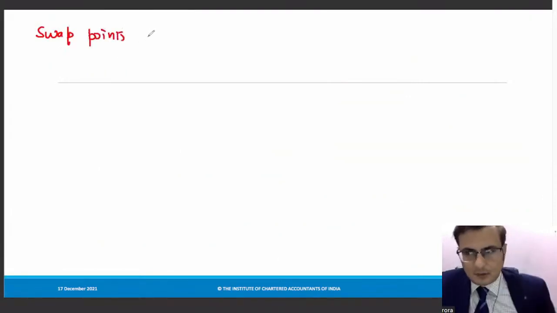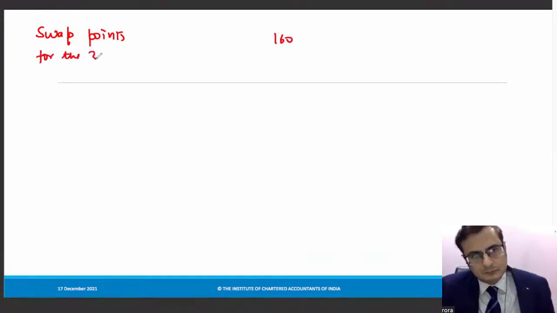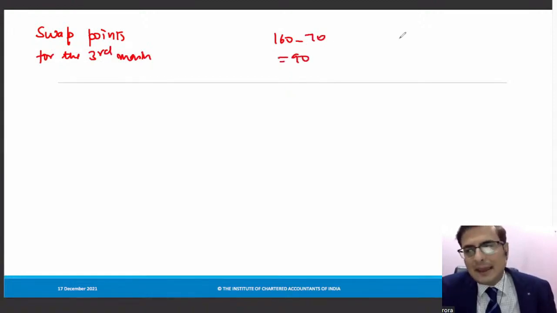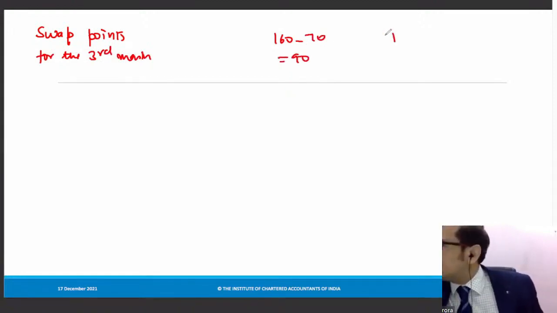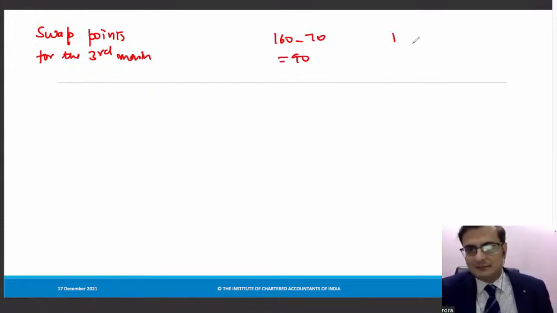Okay, swap points. For 2 months, cumulative was given. Can I calculate that individually? 160 minus 70, that is 90, and what was the next one? 186, 186 minus 90.